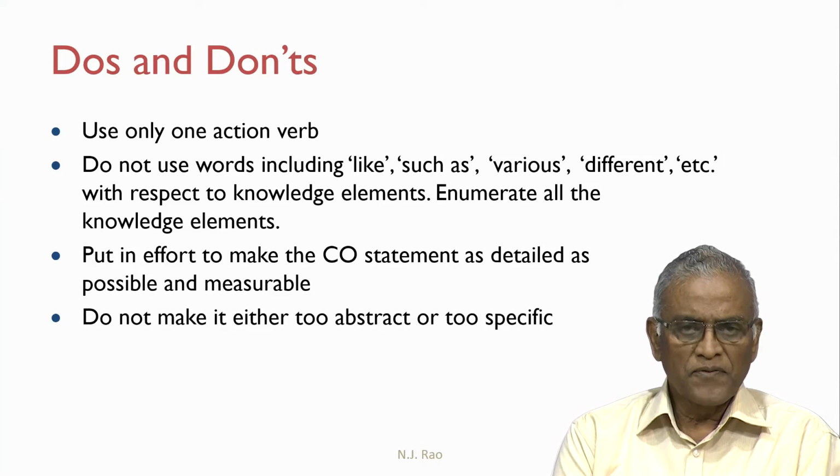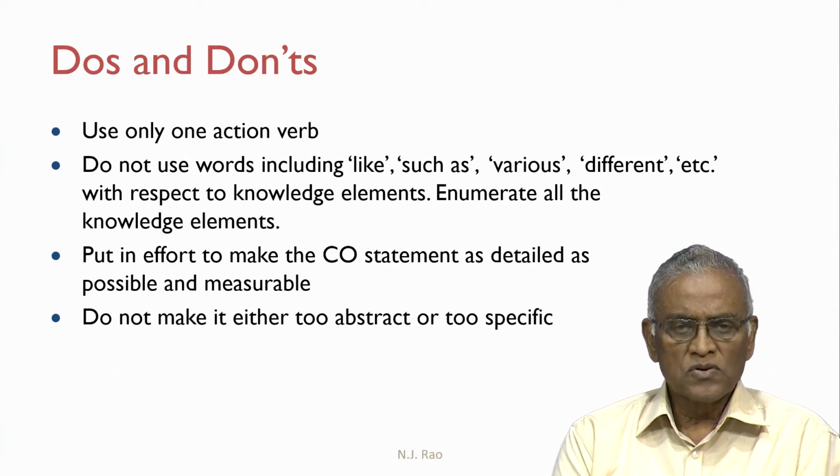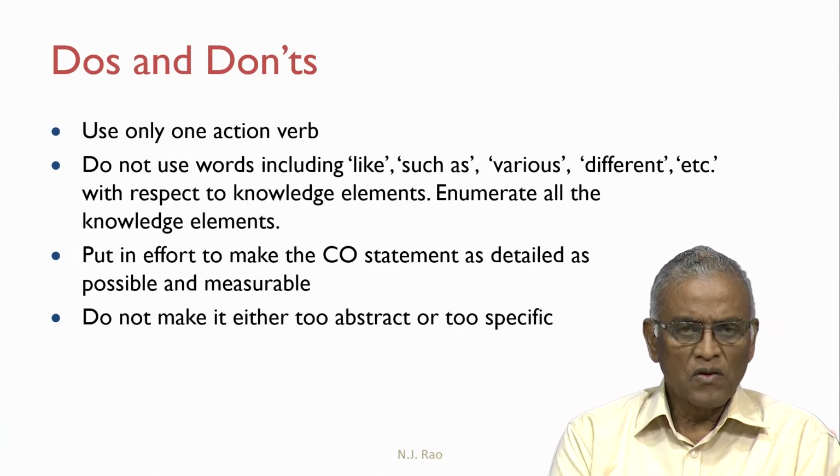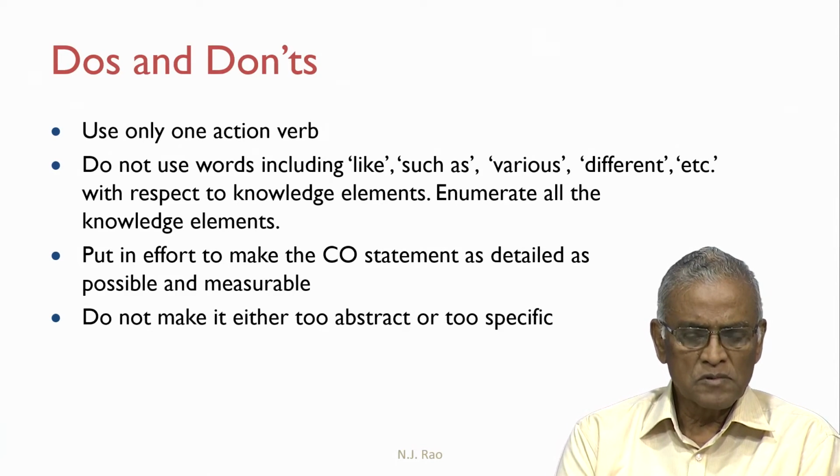While different and various are very clear to the teacher, the student who is supposed to know all the things that he needs to learn will not be able to know them unless they are enumerated.